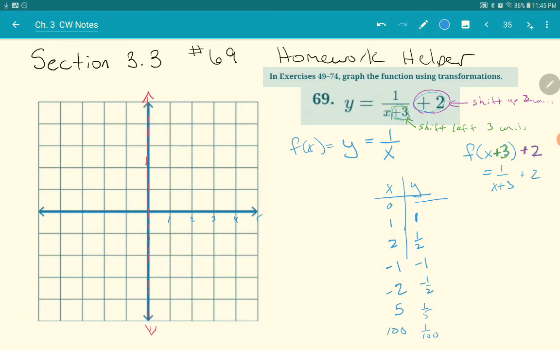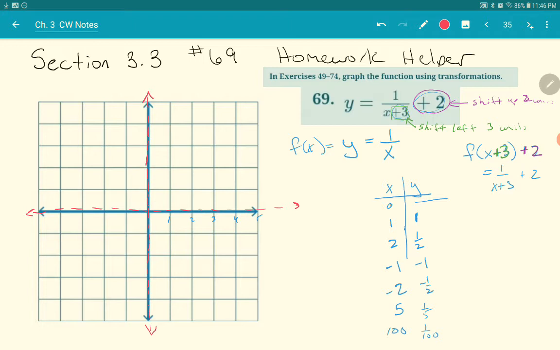So I see that the bigger my x gets, the smaller my y gets, but I'm never going to go negative because of the way fractions work. I'm making that denominator bigger and bigger, which means my y is going to get smaller and smaller. So I'm approaching the x-axis. So there's another asymptote right here.